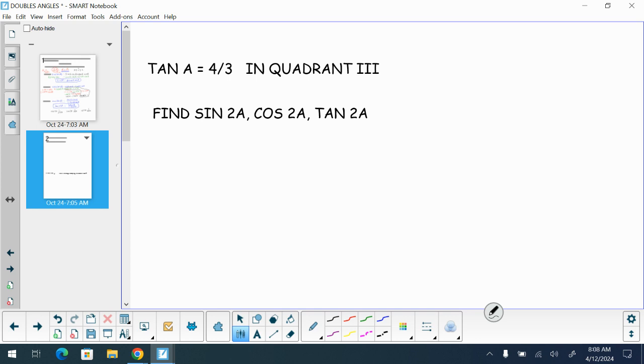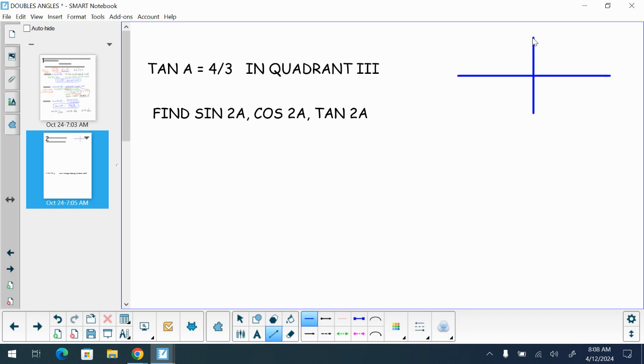Tangent of angle A is 4/3 in quadrant 3. So in quadrant number 3, we're going to draw tangent A. Why? Because it says so. The tangent is defined to us as opposite over adjacent. We are going to see the same types of problems again.